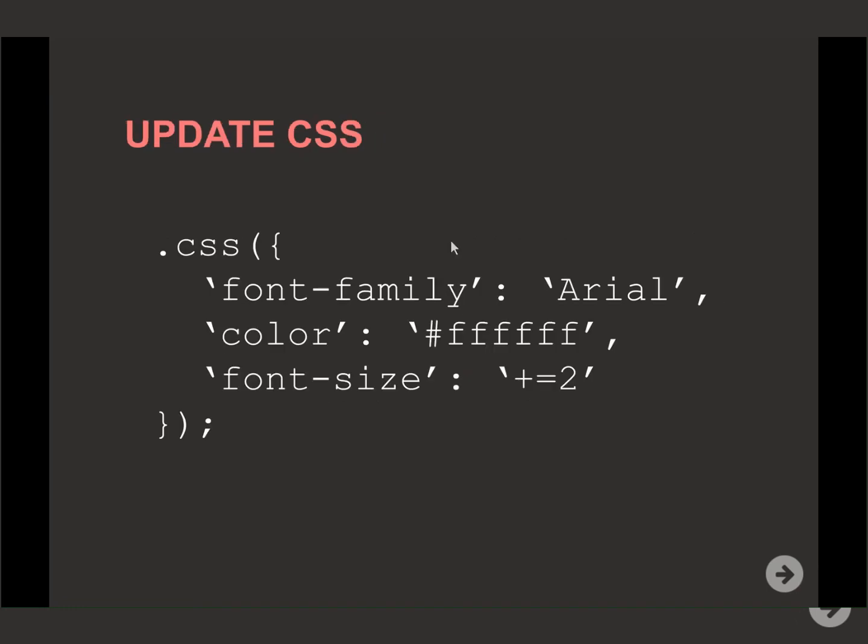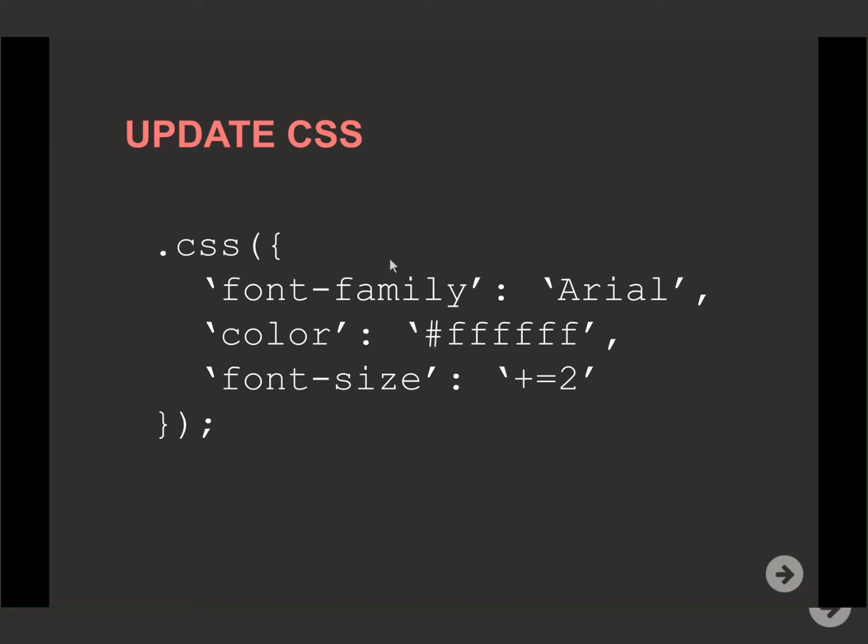Okay, next one we'll look at update CSS. In fact, we have two methods. One is that maybe you want to update only one. If so, you can just use .css and then parentheses, and then list the property, for example like this one, and then use the comma, and then that's it, one.